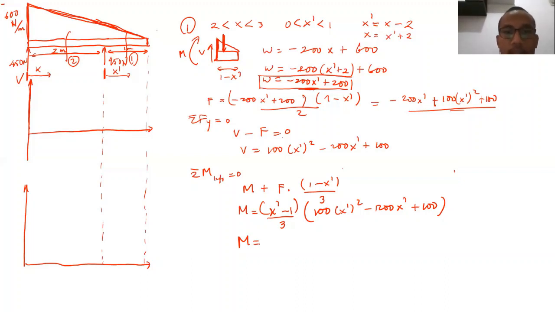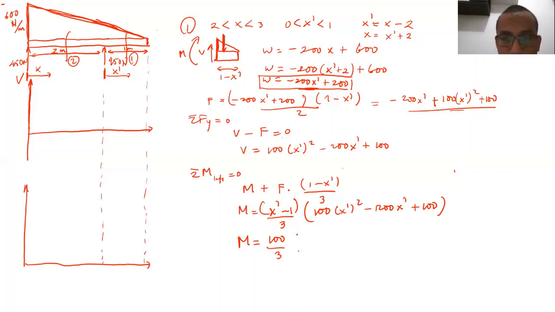Okay, so in this case, I think it's better for me to take the 100 divided by 3 out.